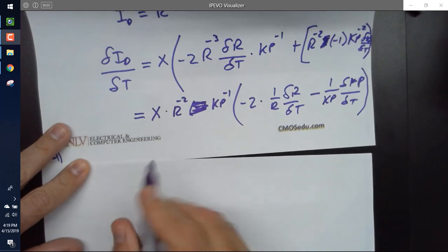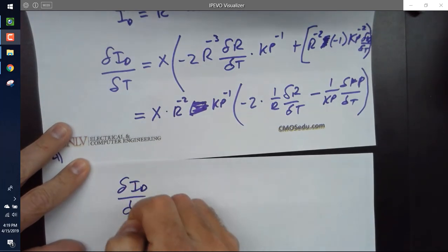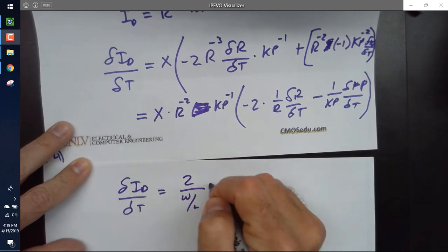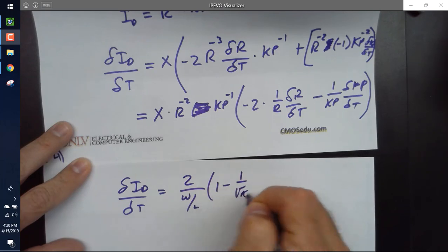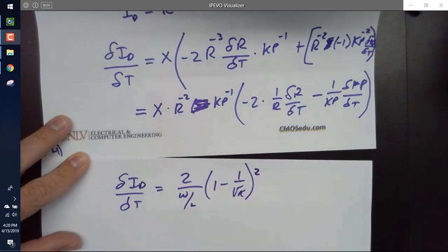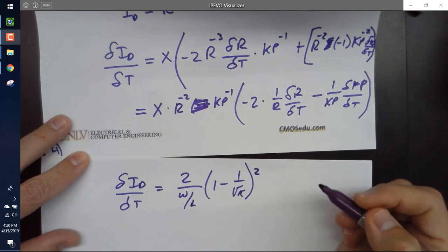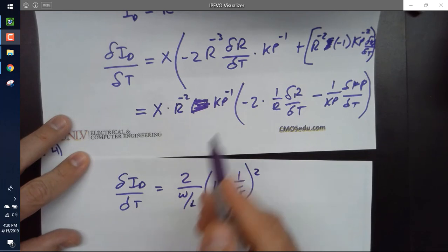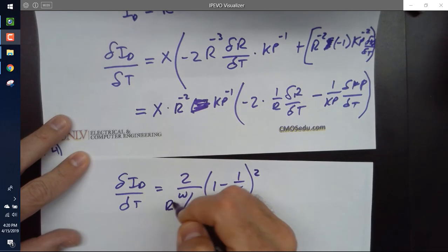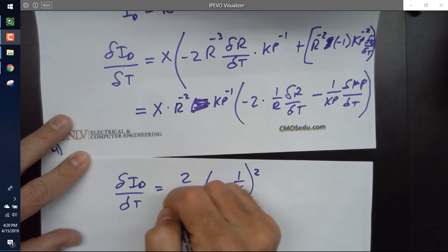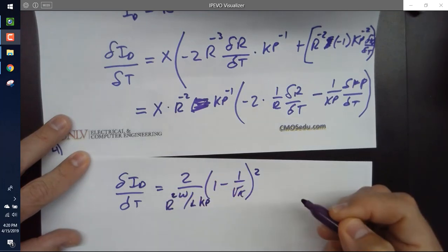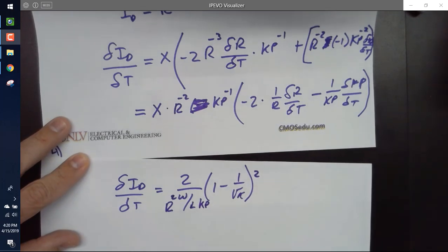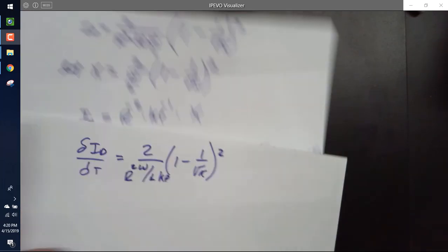And so I'll write del ID del t equals 2 over w over L times 1 minus 1 over the square root of k squared. And then I'm going to pull this out and write r squared and kp. Just as a sanity check for myself, everybody got that?